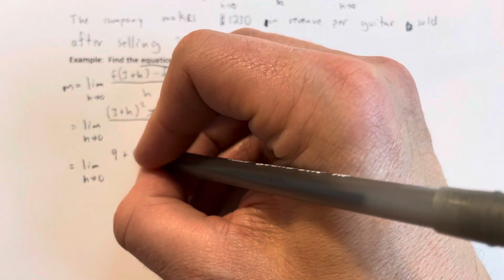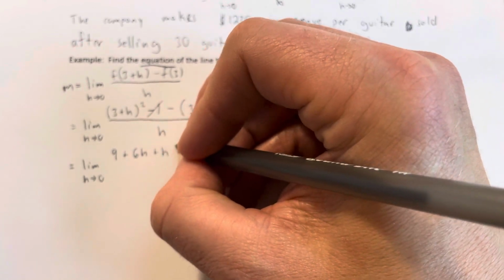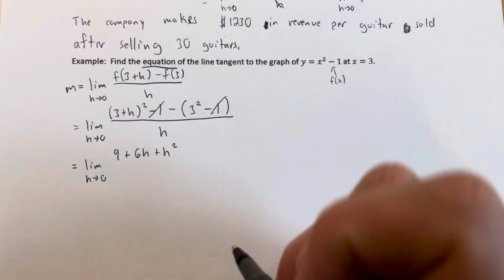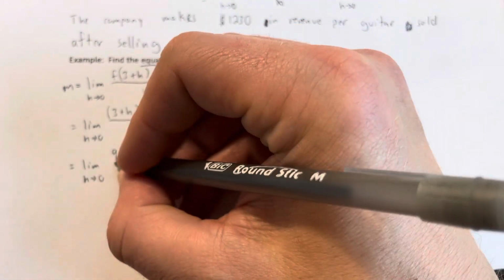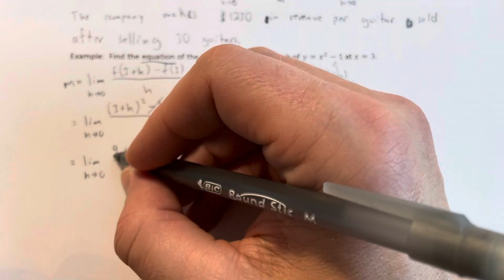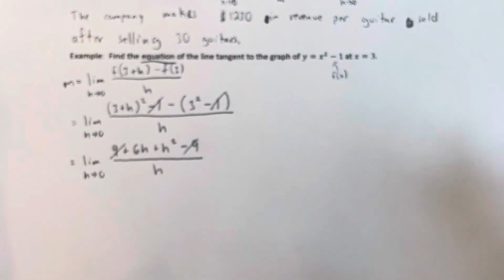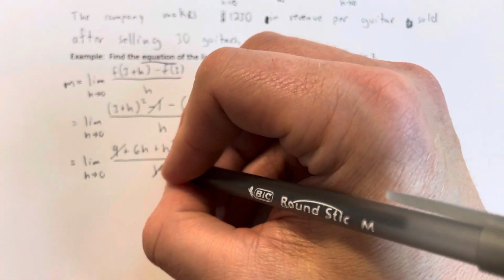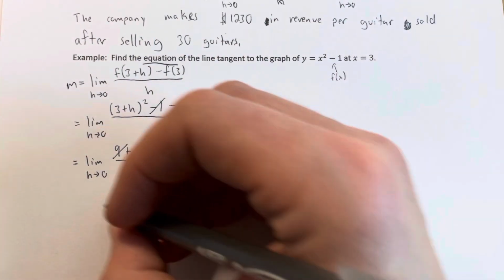If I square 3 plus h, I get 9 plus 6h plus h squared. And then I have minus 3 squared. That's all that's left here, which is 9, minus 9, all over h. And as you can see, this 9 and this -9 are going to cancel. And then with what's left, there's h's in every term. That's what allows me to do this cancellation right here.